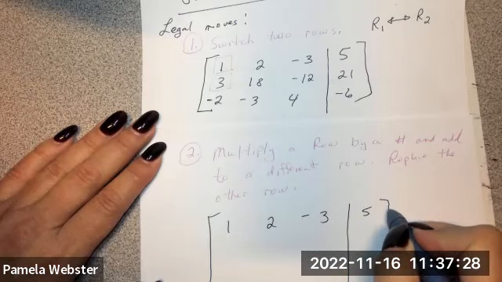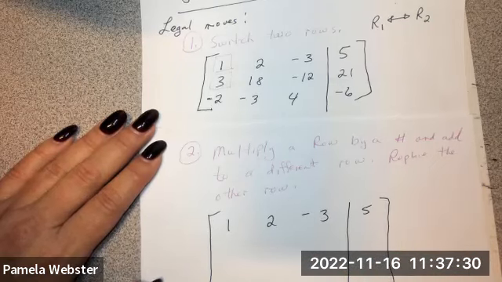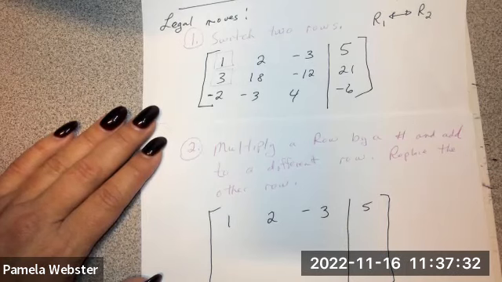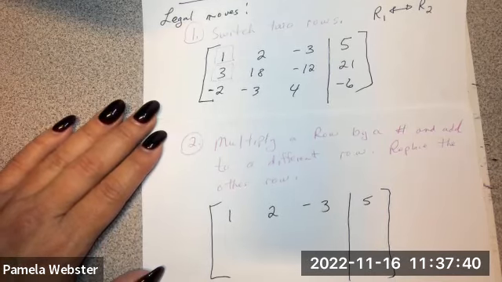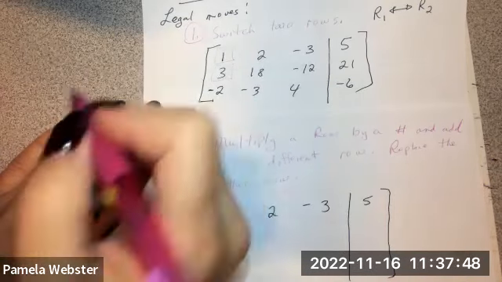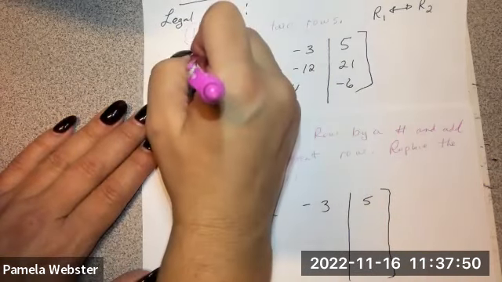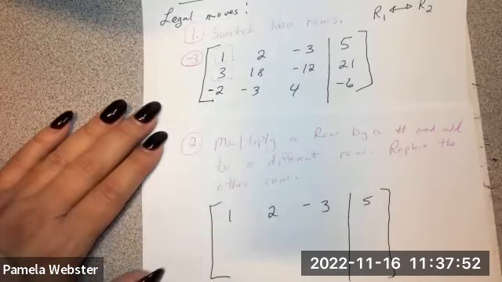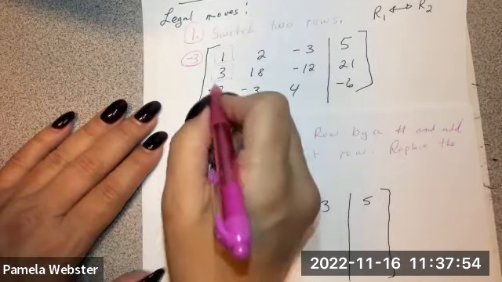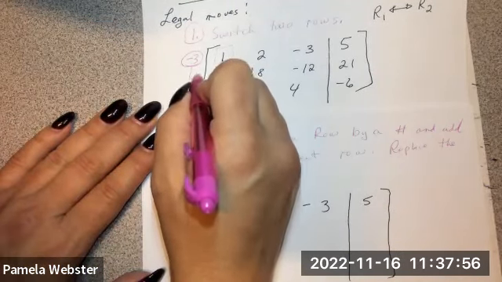So I go ahead and write that first row because I don't want to get confused and accidentally change them by multiplying by -3 or something like that. I'm going to multiply by -3, but I am not going to change row 1. I'm going to change row 2. So here it is. The notation I use for that is, out in front of it, I'll write the number I'm going to multiply it by, and I'm going to do an arrow down.